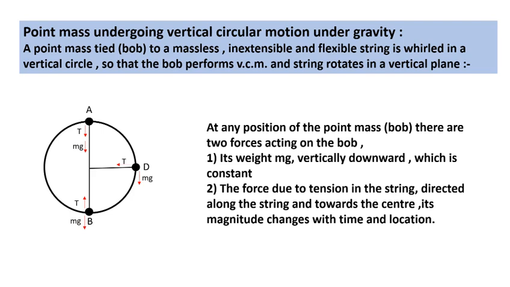Now have a look at the diagram. At the topmost position A, you can see tension and weight are acting in the same direction, whereas at the sideways position D, tension and weight are perpendicular to each other, and at the lowermost position tension and weight are exactly opposite.